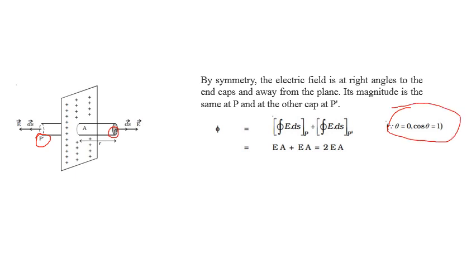The area vector ds is perpendicular to the end cap and in the same direction as E, so both are true. Finally, we have EA cos theta and EA, so EA plus EA equals 2EA. So the total flux is 2EA.